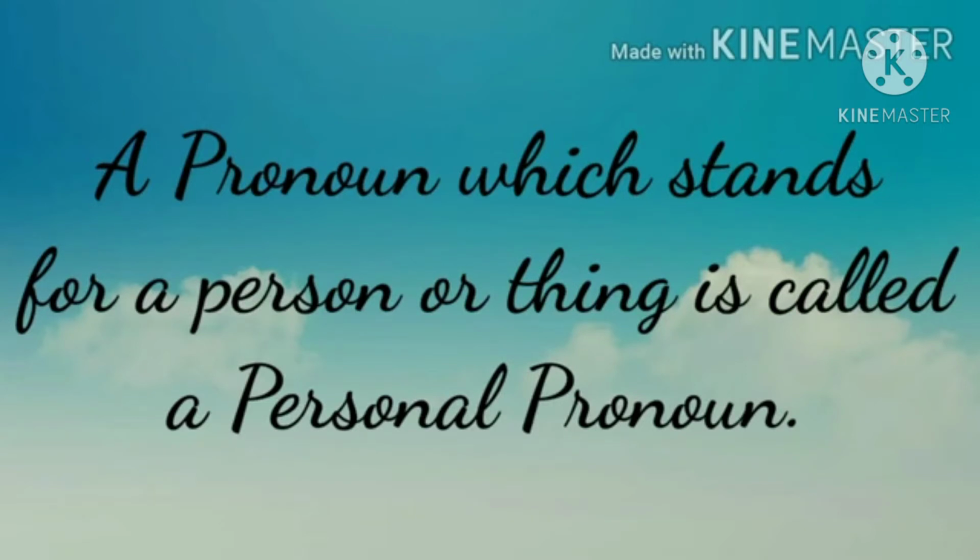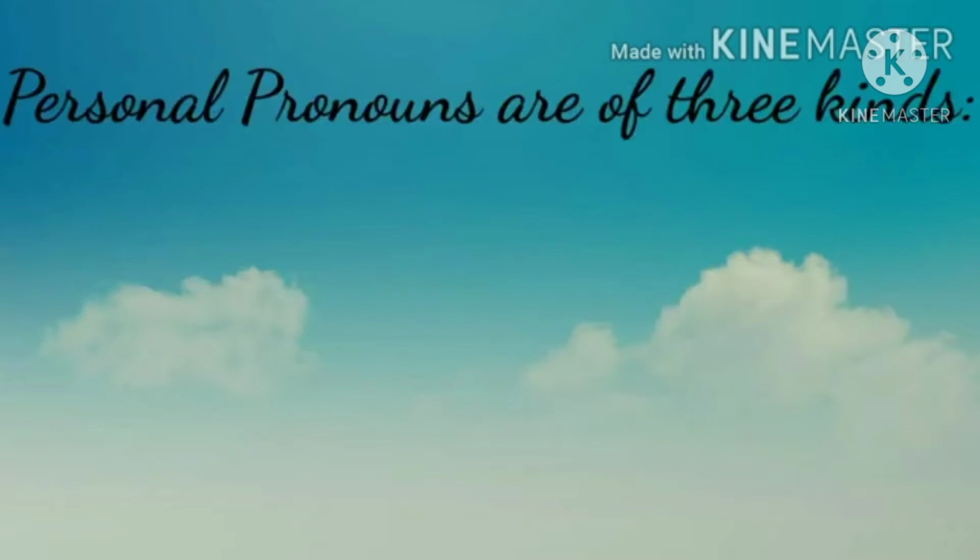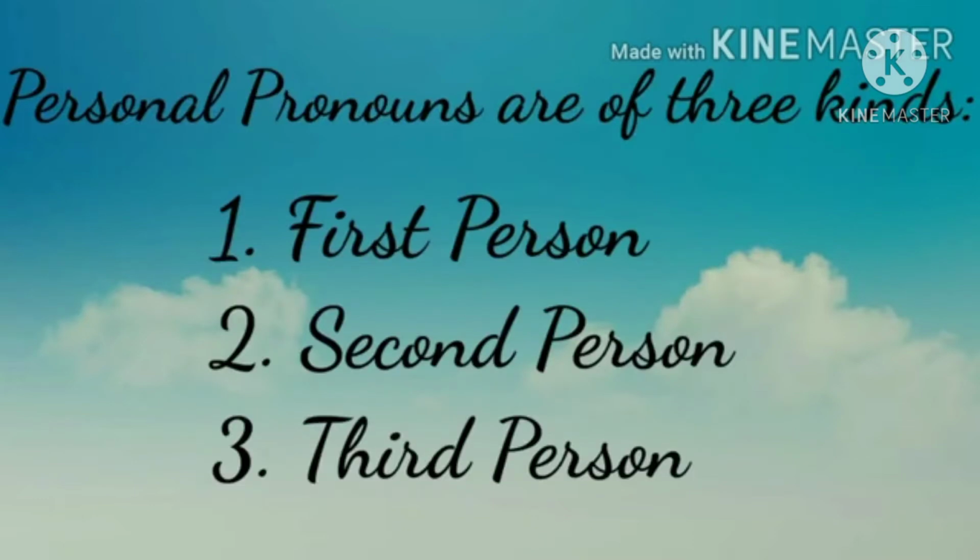So, a pronoun which stands for person or thing is called personal pronoun. There are three kinds of personal pronouns. They are first person pronoun, second person pronoun, and third person pronoun.